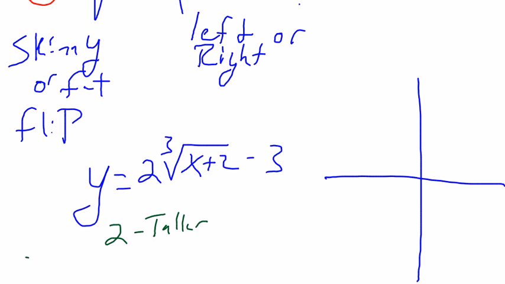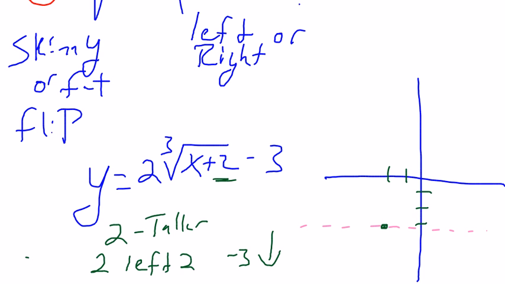The plus 2 is going to shift it to the left 2, and then the minus 3 is going to go down 3. So first thing I'm going to do is worry about the shift, left 2, down 3. And then if you want to help yourself out, you can draw an imaginary x-axis. All we're doing is taking the x-axis and moving it down to that point. And so now I'm going to start at that point, and it's going to go like that. Pretty much self-explanatory.